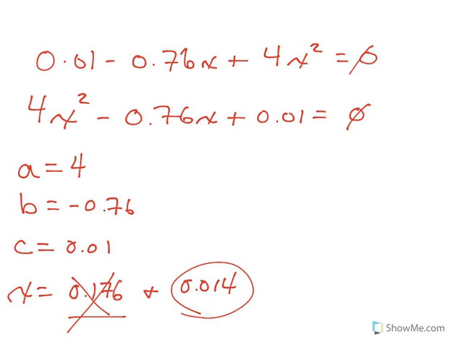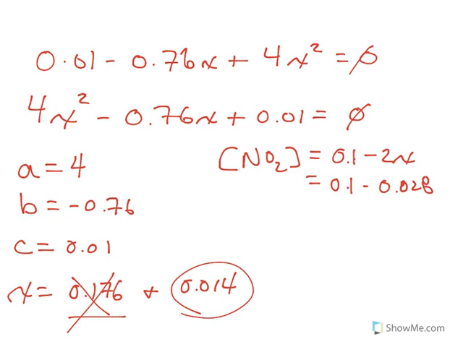So my equilibrium concentration of the NO2 is equal to 0.1 minus 2x. In that case, it's 0.1 minus 0.028, and I get 0.072 molar.